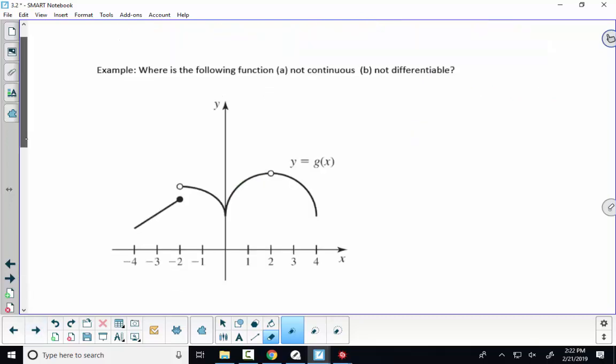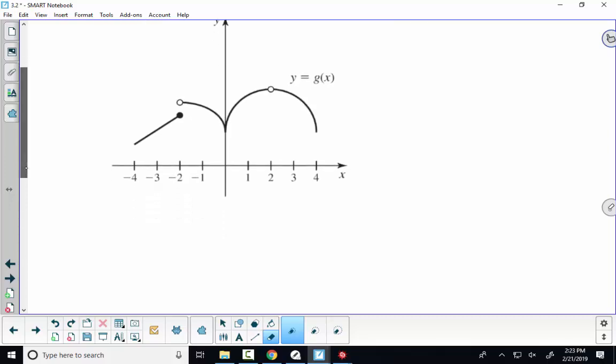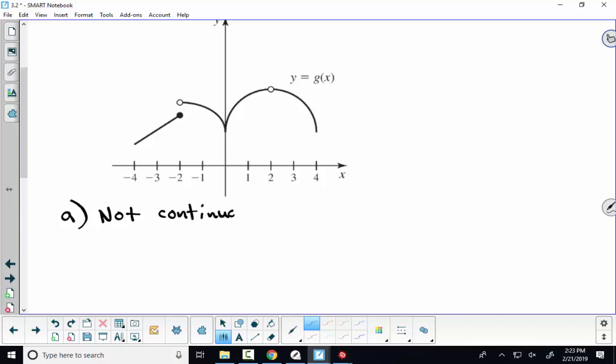Okay, so an example, two parts. Given g of x, where is the function not continuous? Part B, where is it not differentiable? So where is our function g not continuous? At x equals -2. Why is the function not continuous at -2? There's a jump, which means the limit doesn't exist.